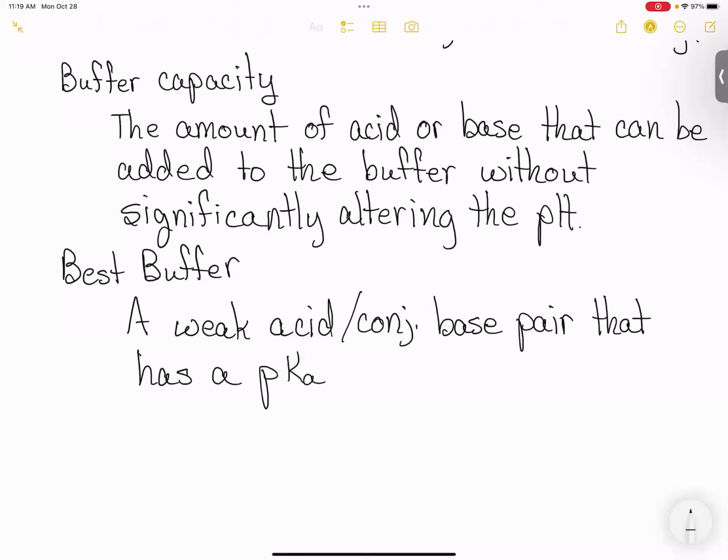Has a pKa as close to the desired pH as possible.